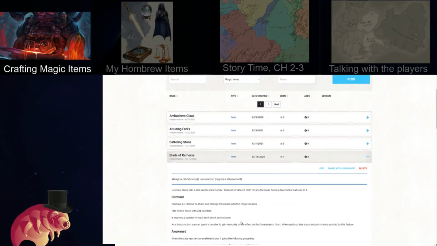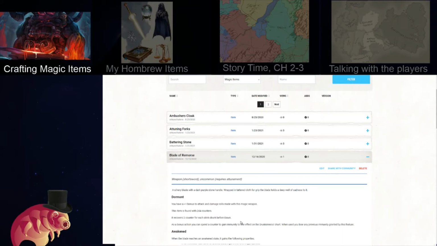Now, before we go into the other states, I made this weapon to reflect a character from one of my players' backstories. Someone who had a mysterious past that had led them to make poor decisions. Even just by looking at it, the weapon is described as holding some sort of well of sadness, and its name as a Blade of Remorse brings up a lot of imagery or ideas.